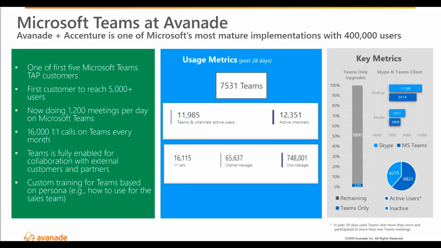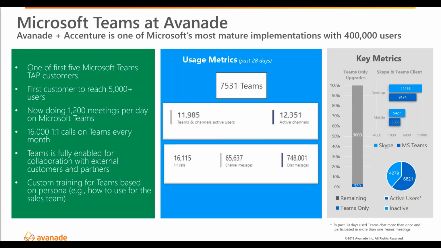So I wanted to take a minute in thinking through how to support your users through the transition. I was thinking about our own story. We are obviously highly embedded at Avanade within the Microsoft stack, and we're also part of all of the different TAP programs that Microsoft has for early adopters.